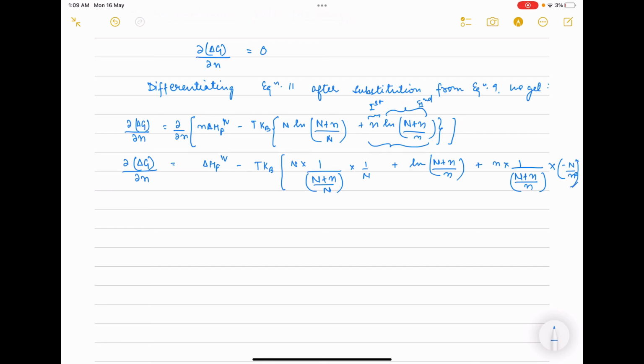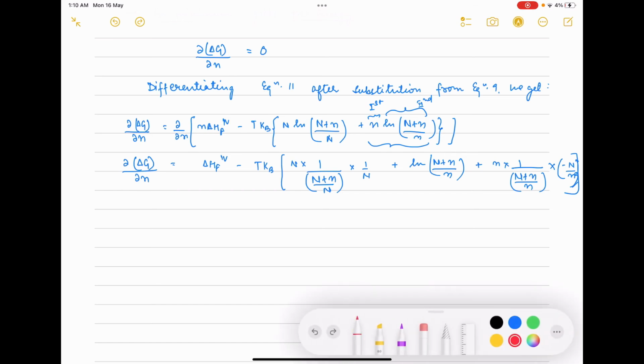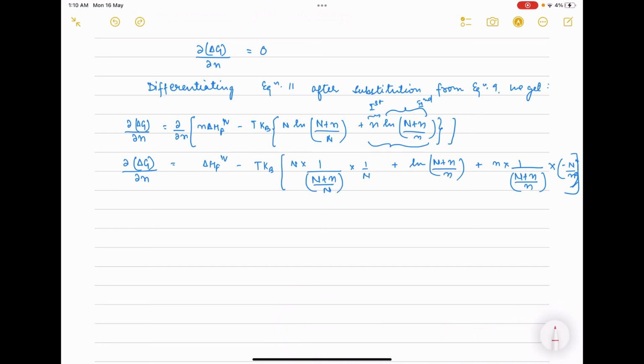Okay, so once we have this expression, let us cancel out the terms that can be cancelled. From here we can cancel out these N's, and from here we can cancel out these small n's.